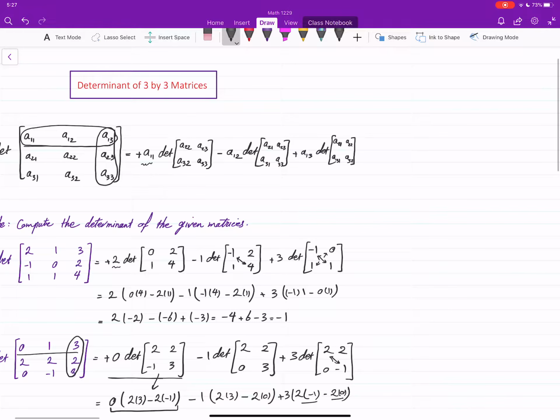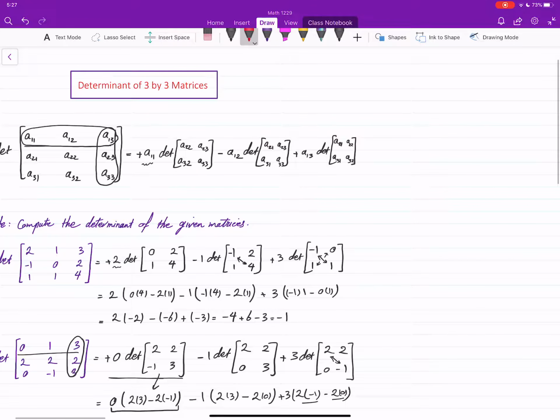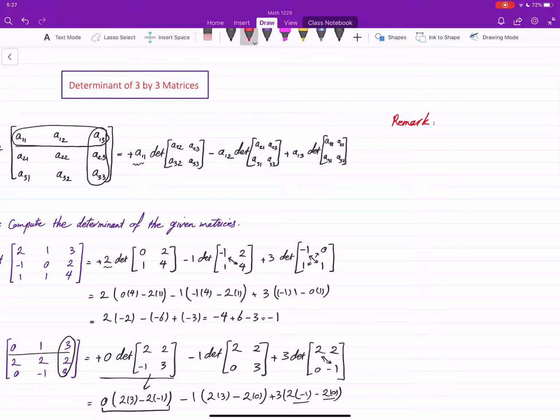One last remark is that you may have noticed that we did this kind of thing when we were doing the cross product. So let me write it as a remark. When we were doing the cross product, we were doing almost the same things with only one difference: we had 3 entries there.